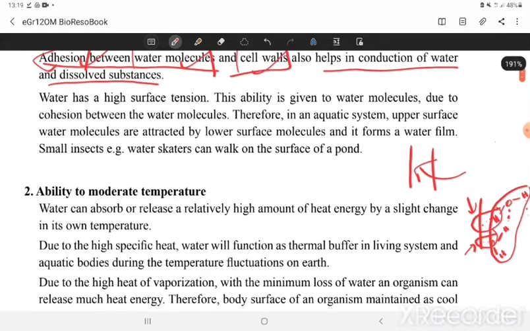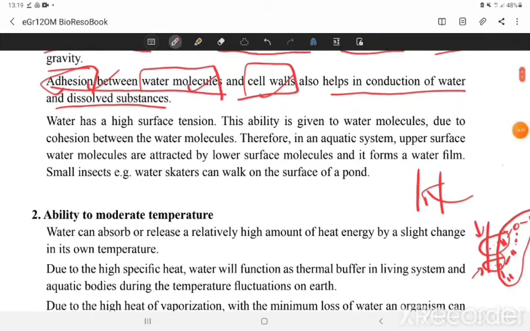So read that again: adhesion between water molecules and cell walls also helps in conduction of water and dissolved substances.